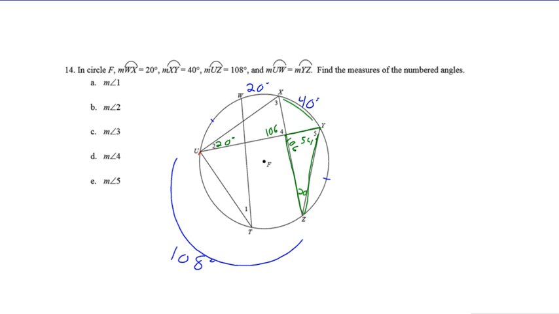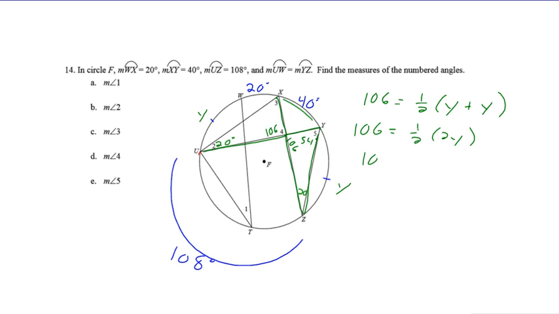Just for a second, I'm going to call these y. The vertical angles that make these two are the 106 degree angle. So 106 equals half of, because it's inside the circle, we're going to add the two angles. Half of y plus y is half of 2y, which means y, 1y, equals 106 degree arc.